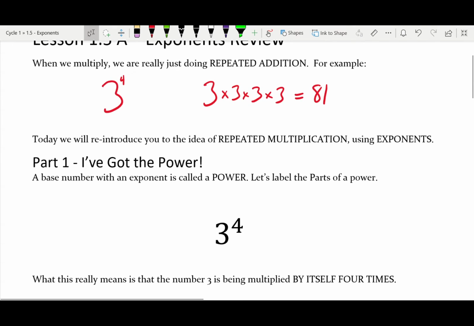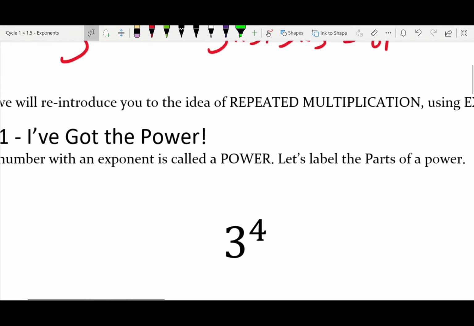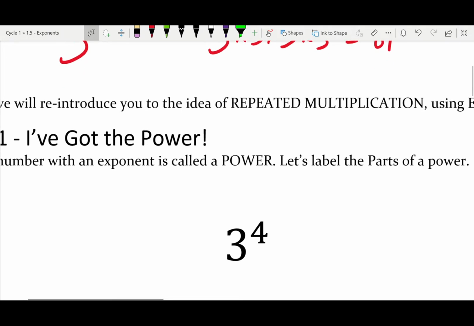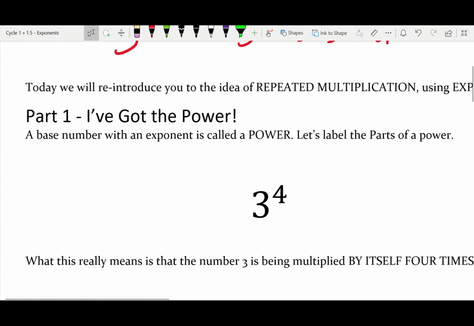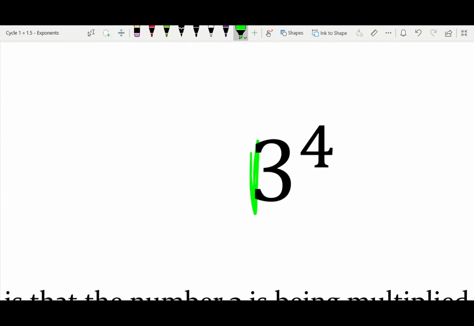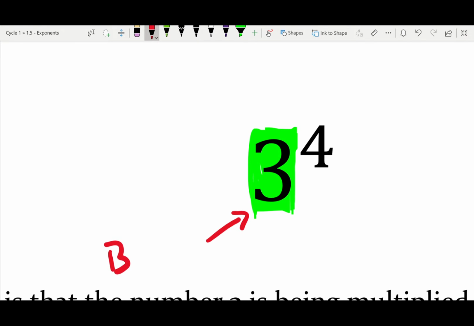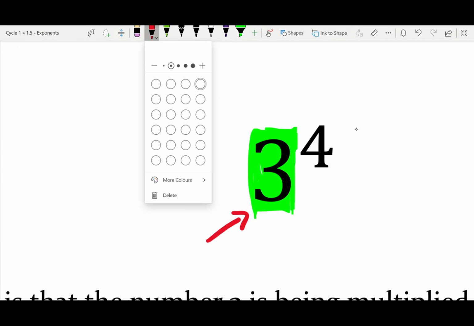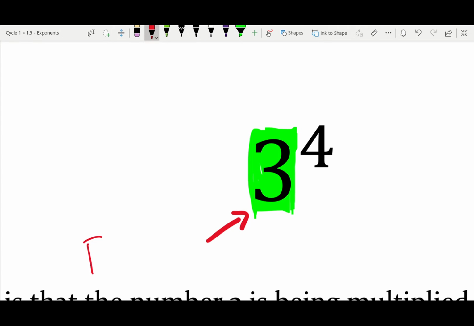So when we have a number like 3 to the power 4, there are different parts. The big number here, we often refer to as the base number.